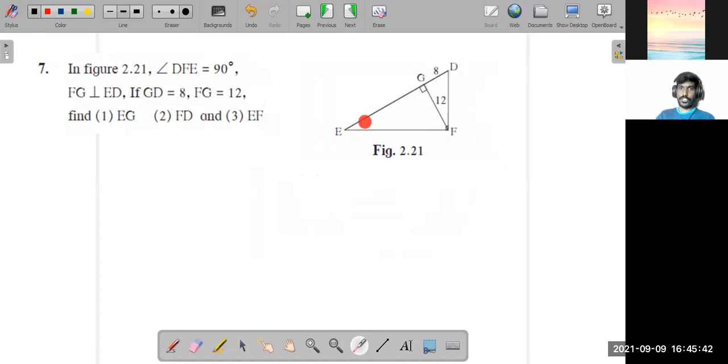So first find EG. FD and EF you will get by Pythagoras theorem. We'll go step by step. First use the geometric mean theorem, find EG and show me.